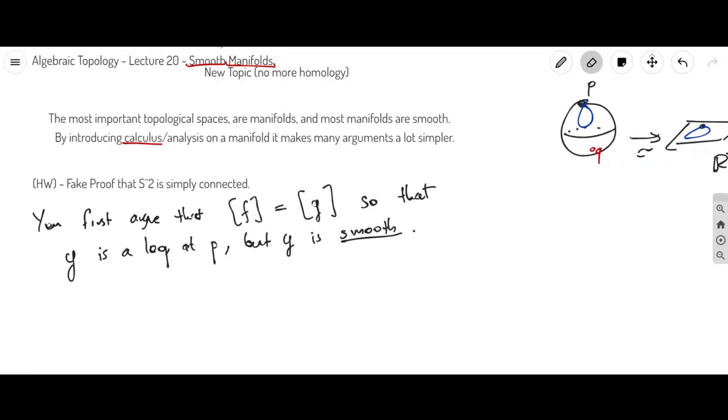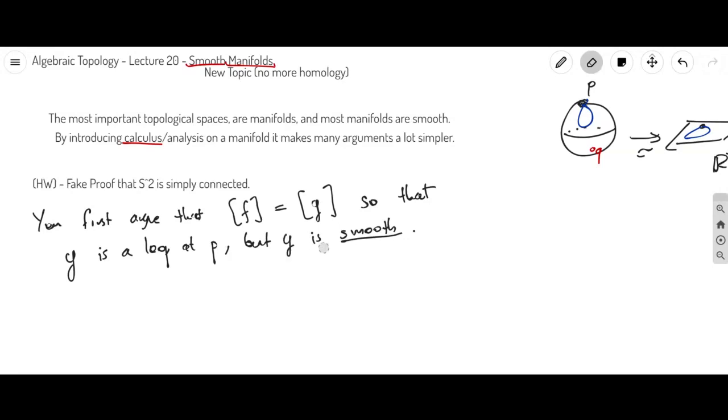Anytime you have a homotopy class, you can always replace it by a different representative, and we're arguing it is possible to replace the original function that may not be smooth, whatever that means. We're going to have to define that. But you can replace it by something that is smooth. Intuitively, you kind of know what it means. It just means the path has no sharp corners. And then you repeat the same argument by using G instead. Okay?